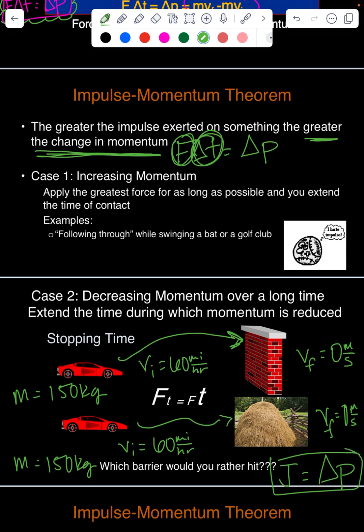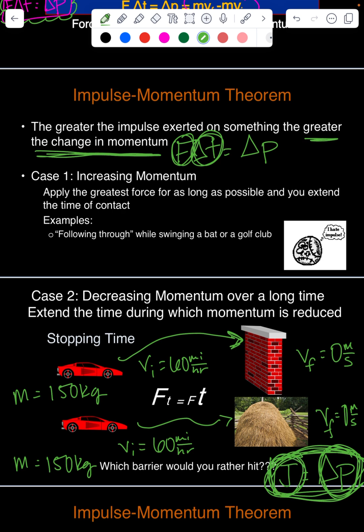I do want you to write that down. I want you to write it out in word form if you can. These cars, because they have the same mass, same initial velocity, and same final velocity, they have the same change in momentum. And because they have the same change in momentum, that means that they have the same impulse.